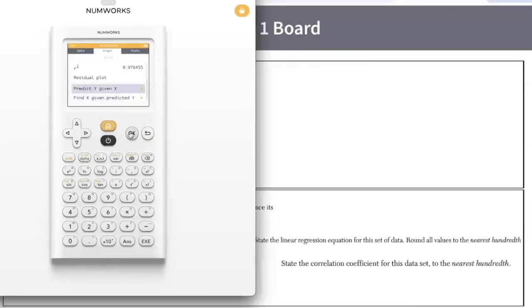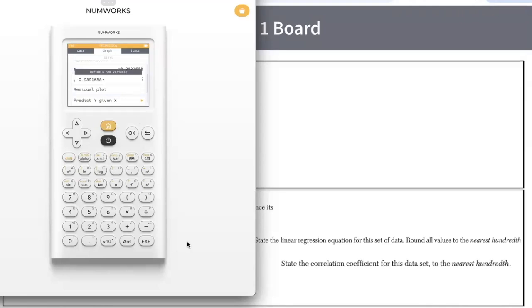What's also really nice is I can actually store this value, let's say as R. All that I did to store this value is I highlighted it. They could also copy it. So let's say your student struggles with rounding. They can actually copy this correlation coefficient. So I can store it.